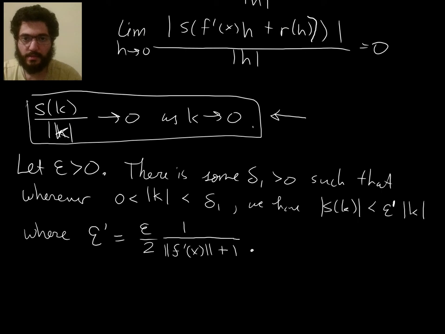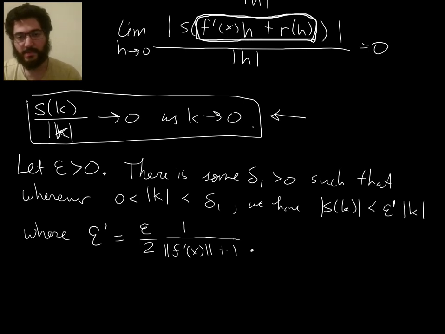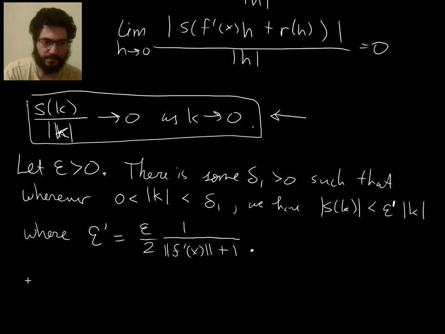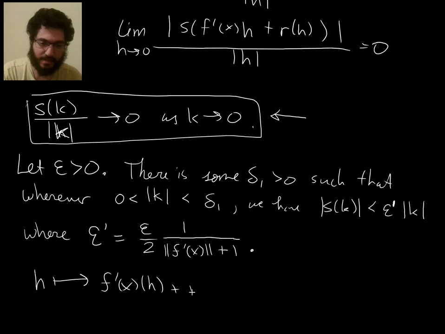Well, this thing, if you plug in h equals 0 into this thing here, you just get 0, right? And in fact, this thing is continuous at h equals 0. So let's make that point. The mapping h goes to f prime x of h plus R of h is continuous at h equals 0.